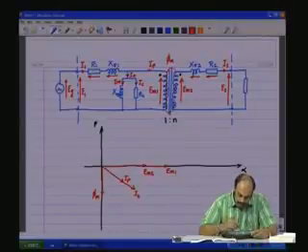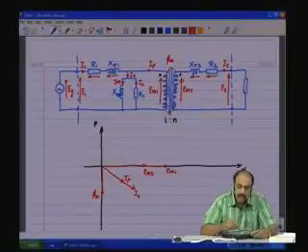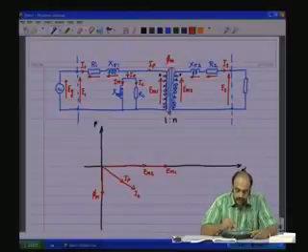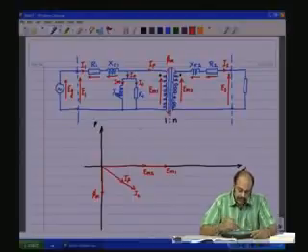Now, I2 is going to lag the induced voltage EM2 by the amount of lag which is produced by all the reactances, impedance put together, that is the leakage, R2 and the load impedances put together. Now, this would be the portion of the phasor diagram that we had obtained for the ideal.